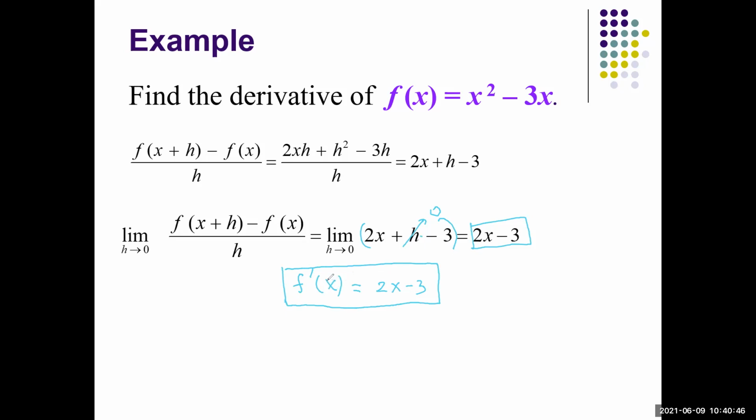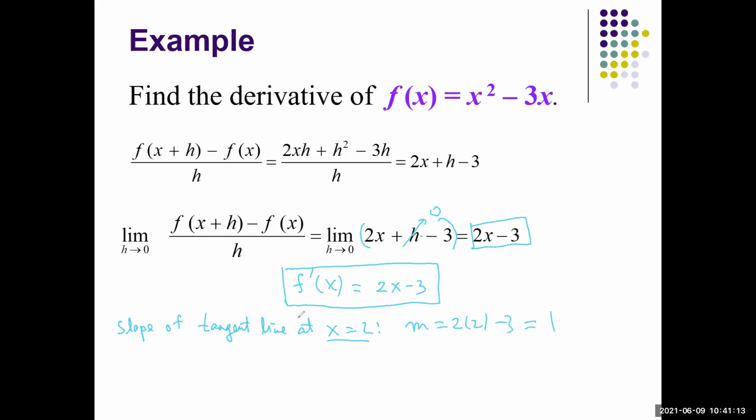Let's say you want to find the slope of the tangent line at x equals 2. Well, all you do is plug 2 in, right? So now the slope is 2 times 2 minus 3, and then you get 1.